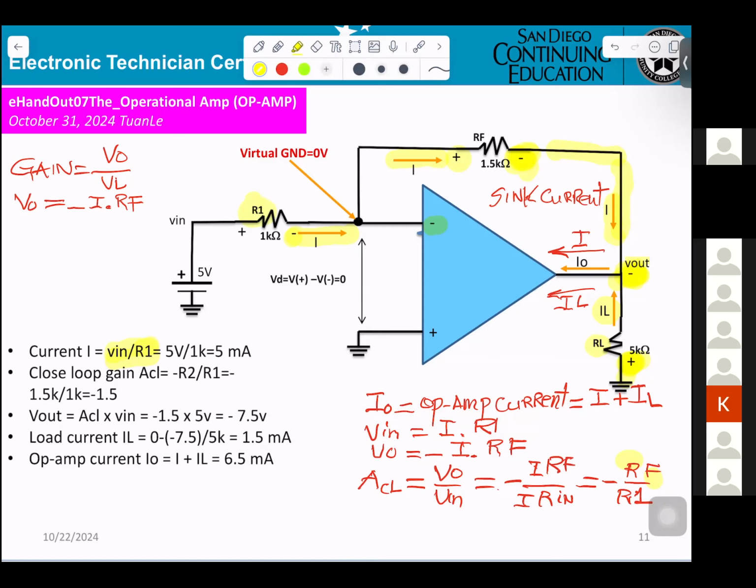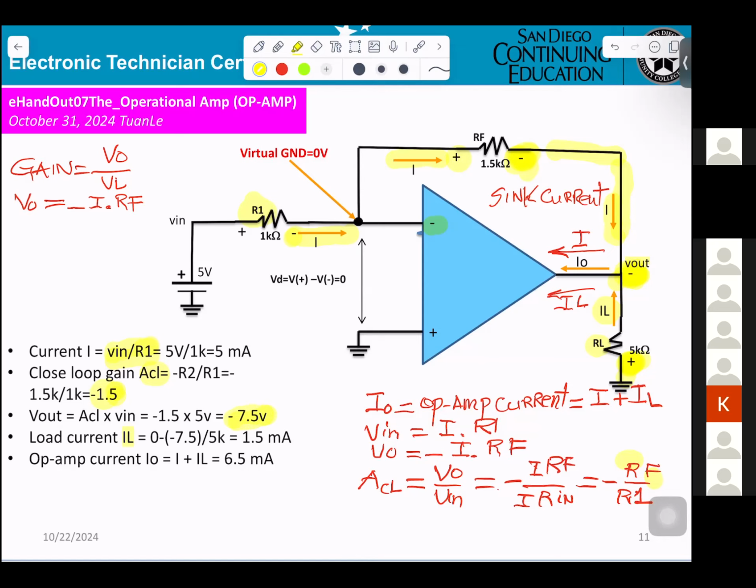So you can see in the calculation, they calculate the ACL gain, minus 1.5. If you want V out, you take the gain times V in, minus 1.5 times 5. You get minus 7.5. Okay? If you want to calculate the current IL, you take the voltage difference between RL and divide by RL.